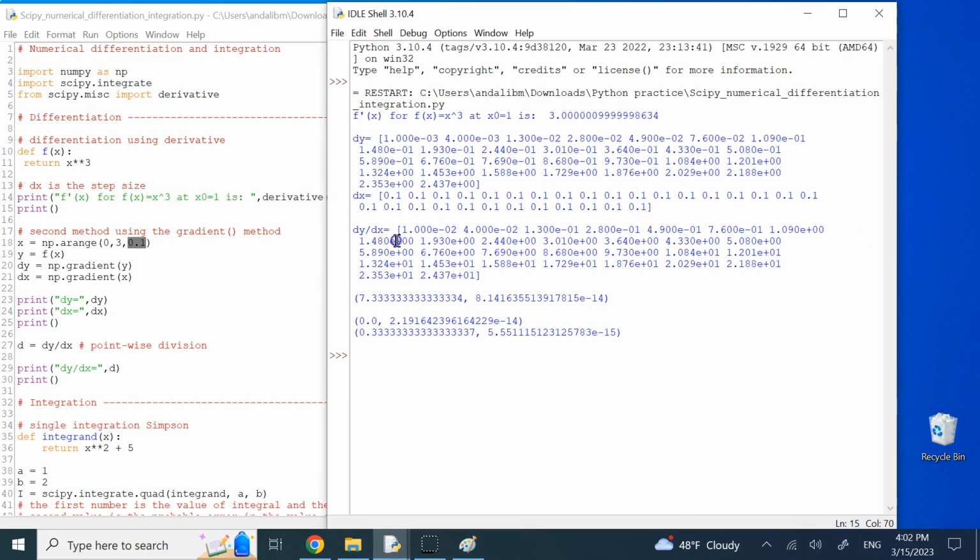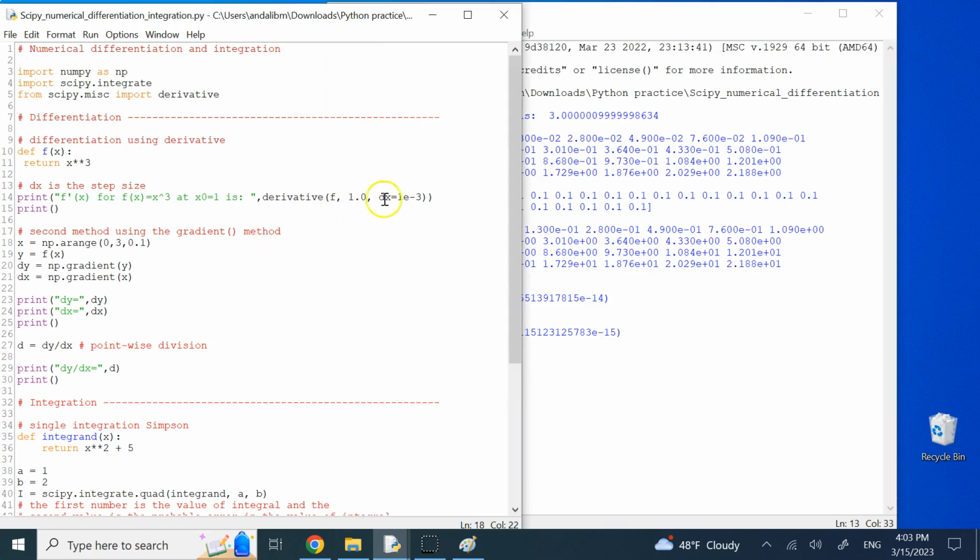No. 0.7, 0.8, 0.9, and 1. And you see the derivative at 1 is 3.01. It should be 3, if you remember. And you see this one is not as accurate as the earlier one. Why? Because here I'm using a step size of 0.1, and there I used a step size 100 times smaller. So of course that is going to be more accurate.